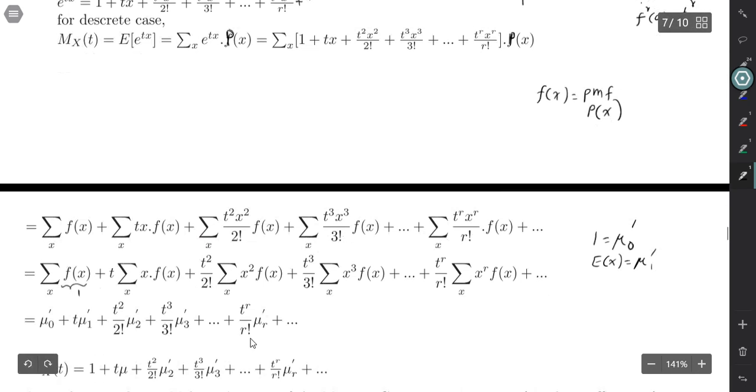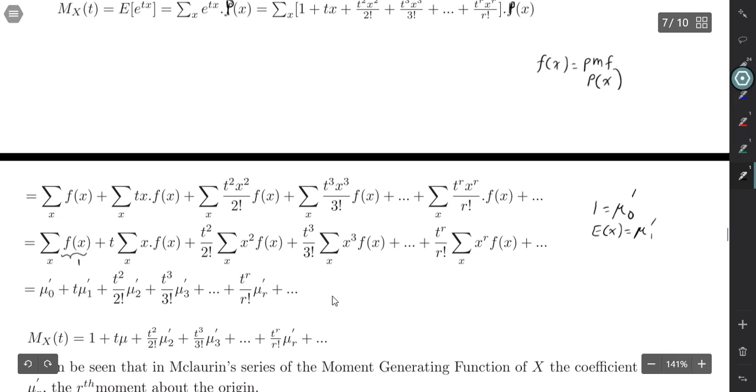Now what do you see in this final expression? We can write M of x of t as mu naught prime, which is 1, plus t times mu. We know that mu1 prime is simply the mean of the random variable x, so it is mu. Then you have t square over 2 factorial times the second moment about the origin, third moment about the origin, and so on.